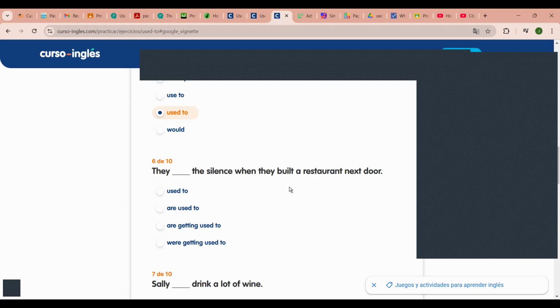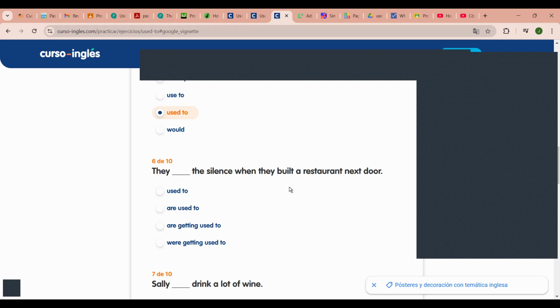En este caso, ellos viven y estaban acostumbrándose. O sea, no es su hábito. El silencio es de su vecindad, de su colonia, digamos. Y justo cuando estaban acostumbrándose a este silencio, construyeron un restaurante.